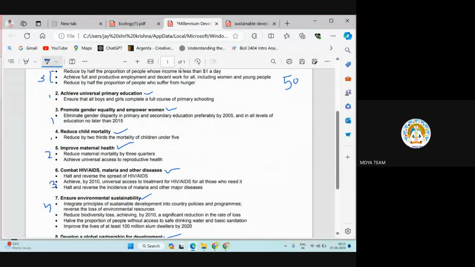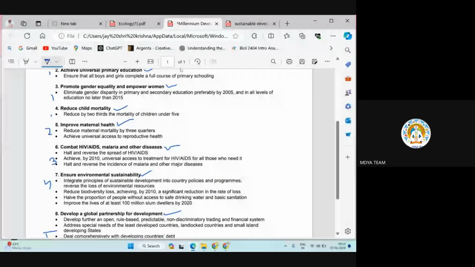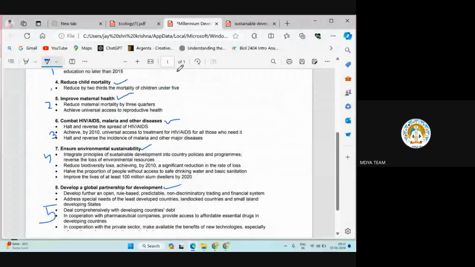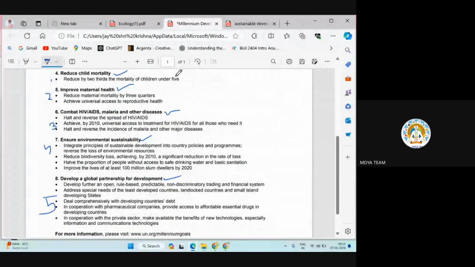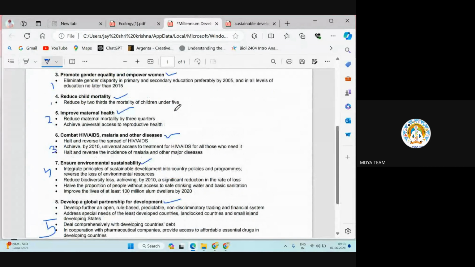The one related with disease has three sub goals, the goal with environment sustainability has four sub goals, and the one with development has five sub goals. Just read all the goals, and in just a 20 to 30 minute revision, you will remember all of them. So it's very much important. I'm repeating again, just try to mug up everything in this PDF.